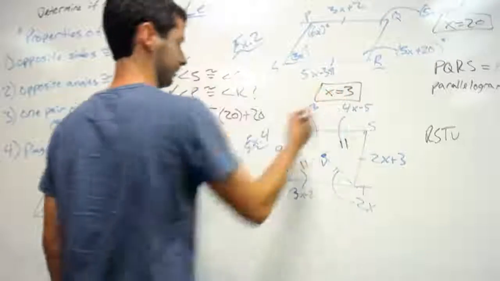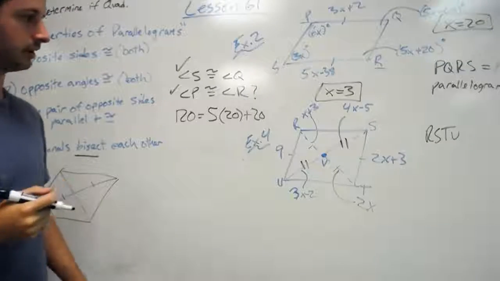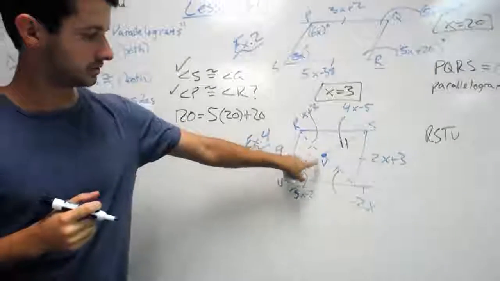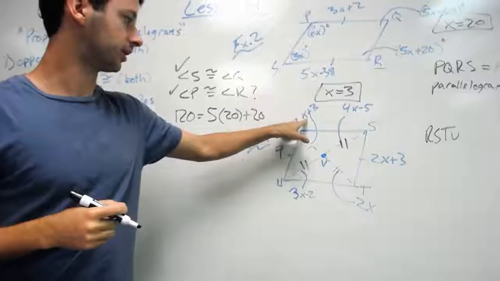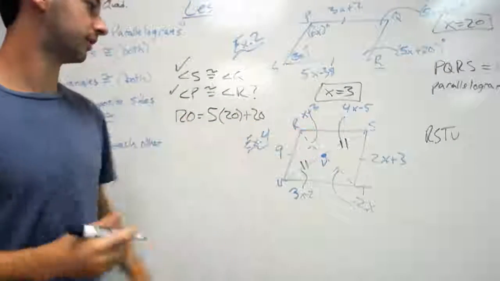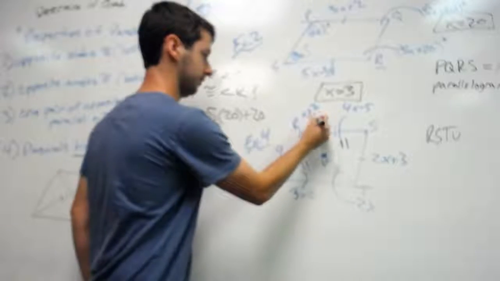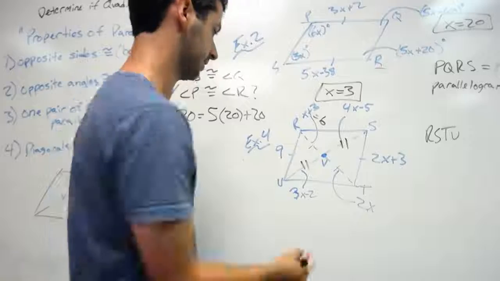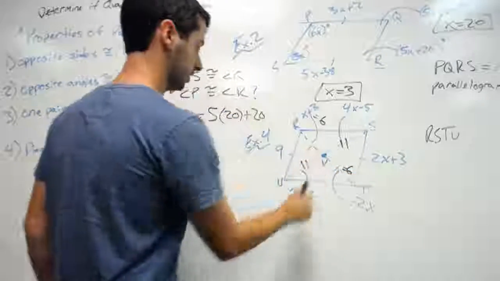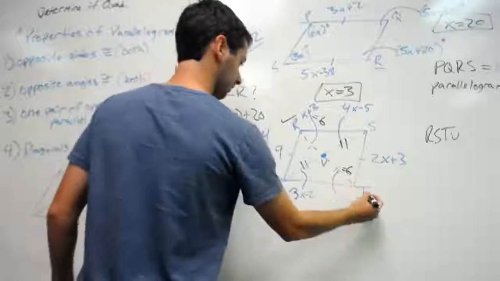That's going to be what we use to solve. Now let's see if RV is congruent to VT. Well, we plug in 3 plus 3, that is 6. And then 2 times 3 is also 6. So therefore, these diagonals are bisected.